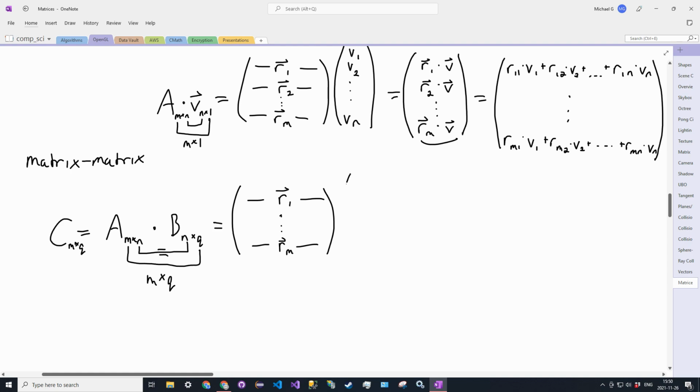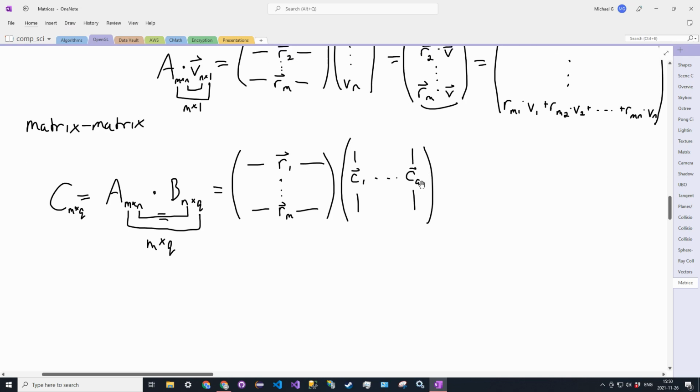So let's try that. We'll use B and we'll have a bunch of column vectors as the representation here. So C1 all the way over to Cq, and that's just defined by the dimension n by q. So we have q columns here.